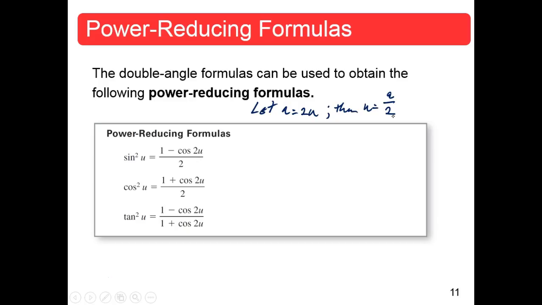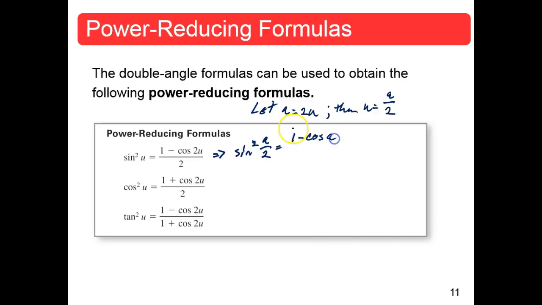Now, let's plug that in here. Sine squared of u would then be sine squared of A over 2, right? Is equal to 1 minus cosine of 2u over 2. What is 2u?